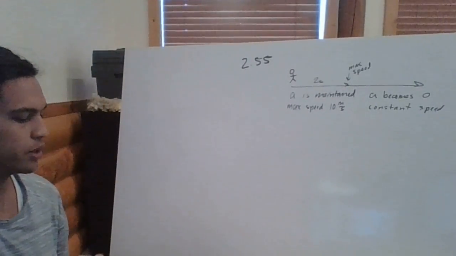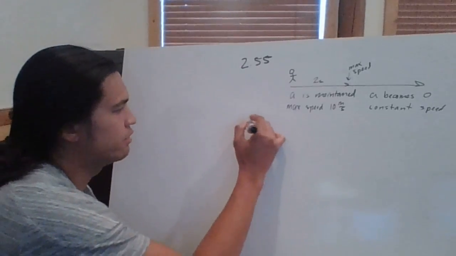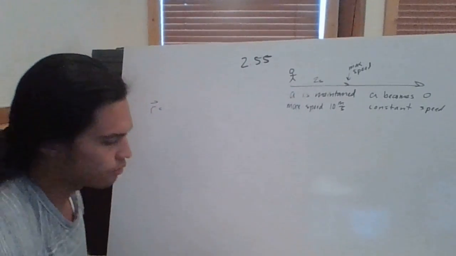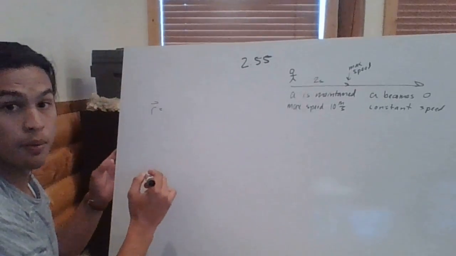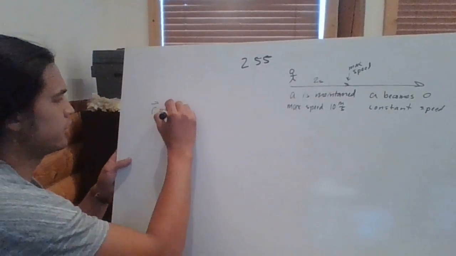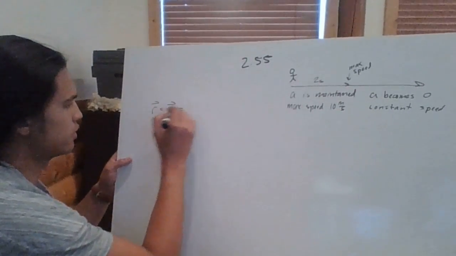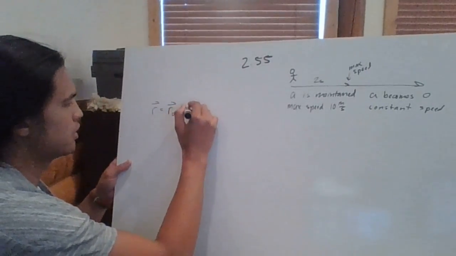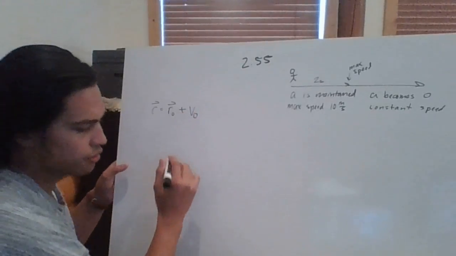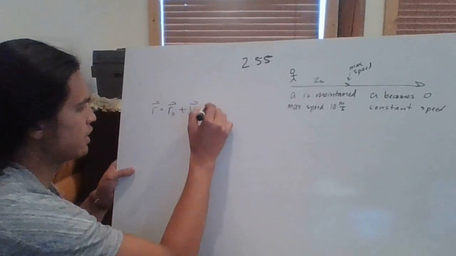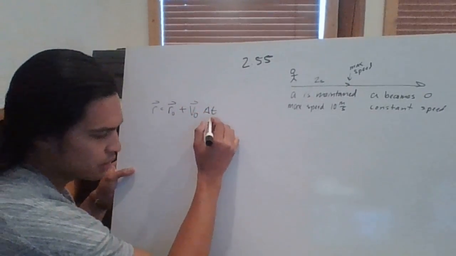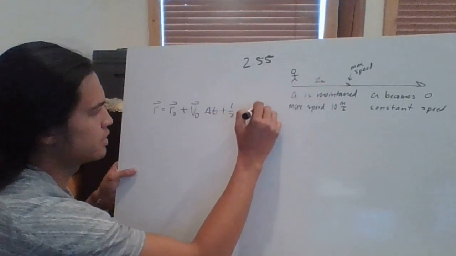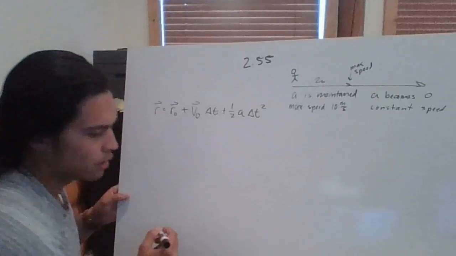So to find that, we have to use this formula for range. So r vector equals the starting position plus the initial velocity times time plus 1/2 acceleration times time squared.